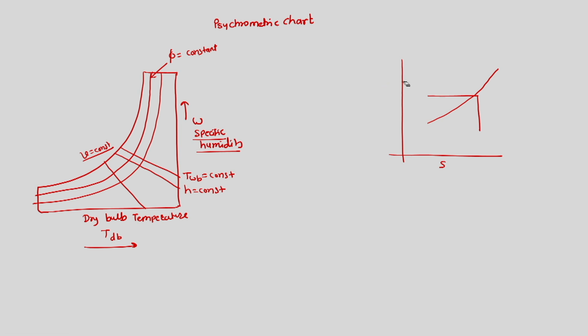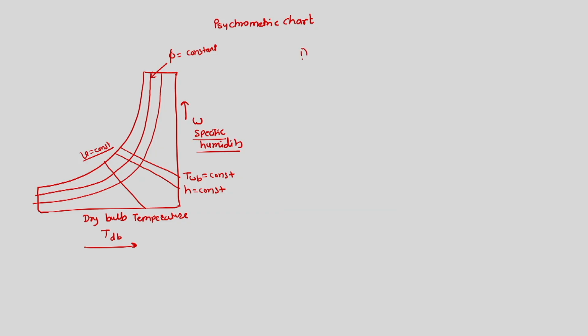So as we show on the TS diagram, similarly we can show different processes in the psychrometric chart. Let us talk about some processes. The first process is simple heating or cooling process.